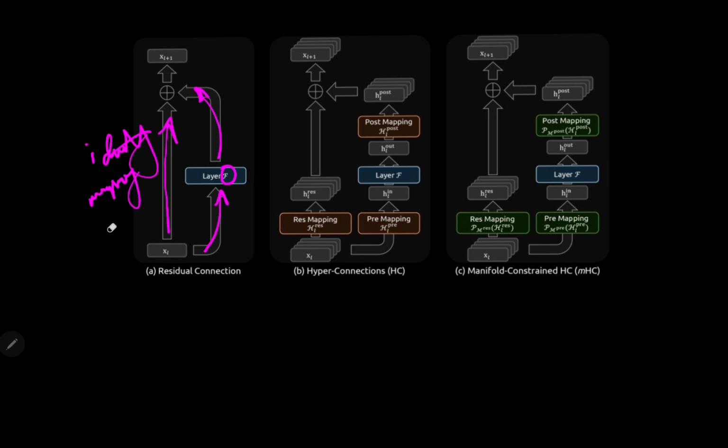We can formalize such an architecture as x_{l+1} = x_l + F(x_l, W_l), where x_l is the input of layer l, plus some function of x_l and the weights of that layer.